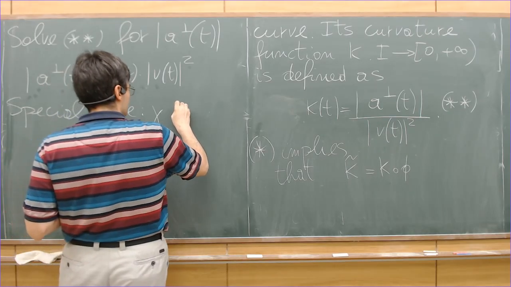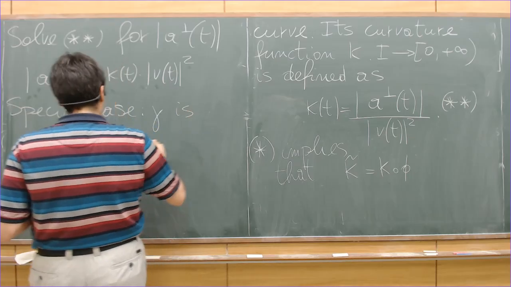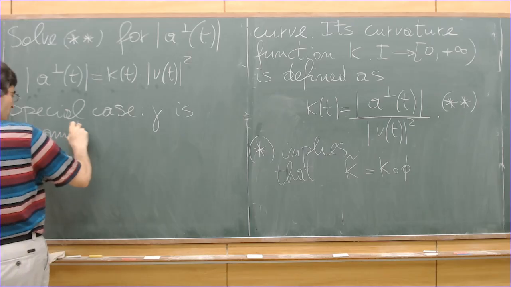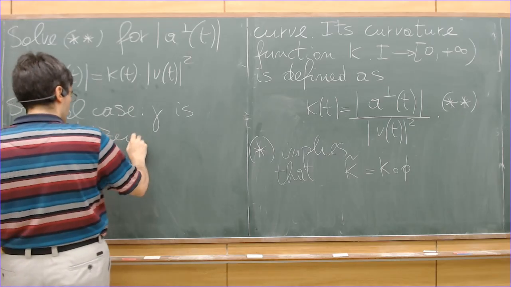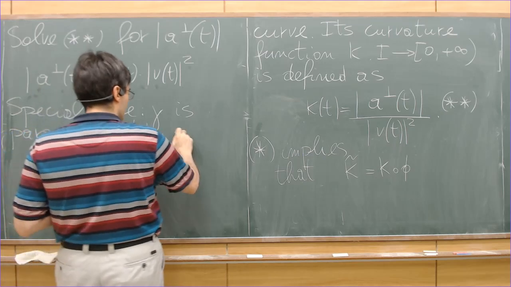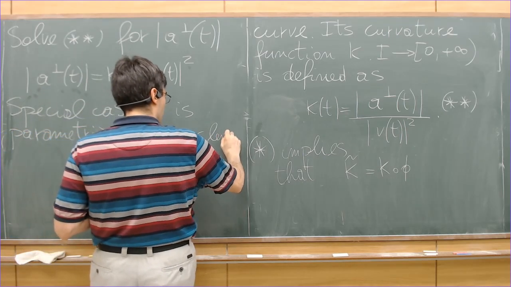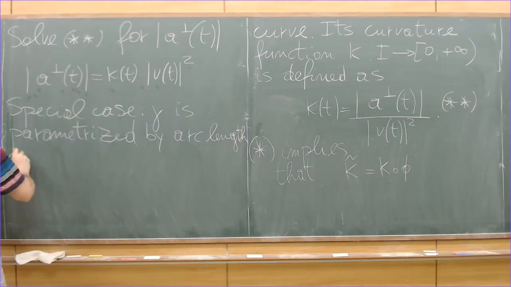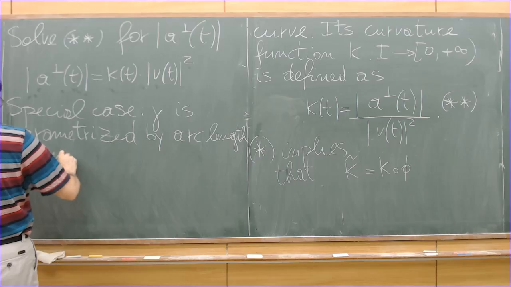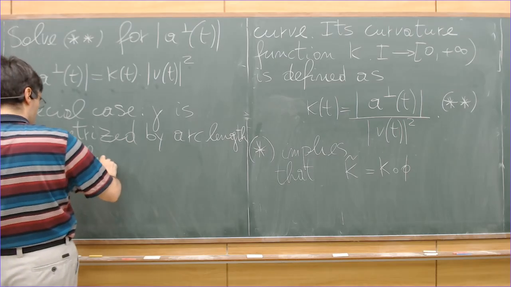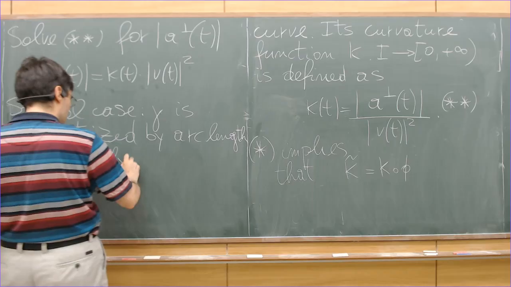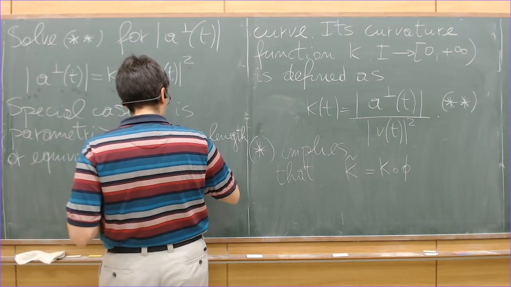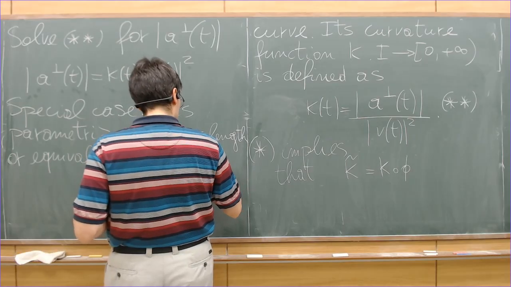So gamma is parameterized by arc length, or equivalently has unit speed.